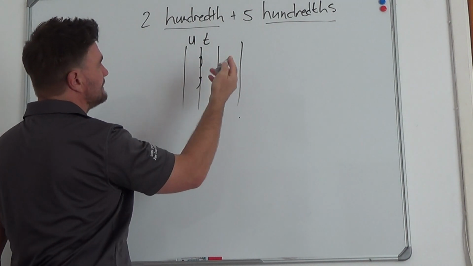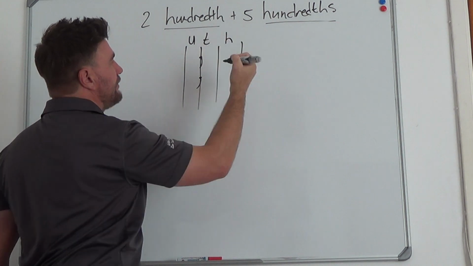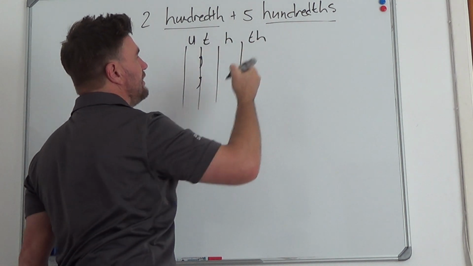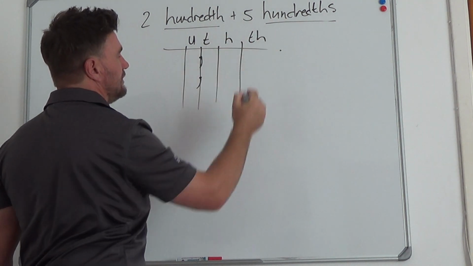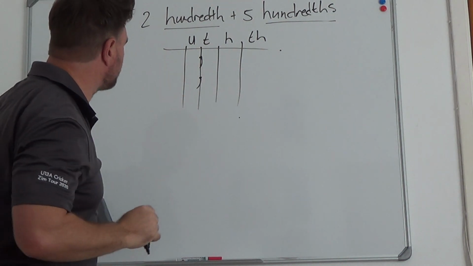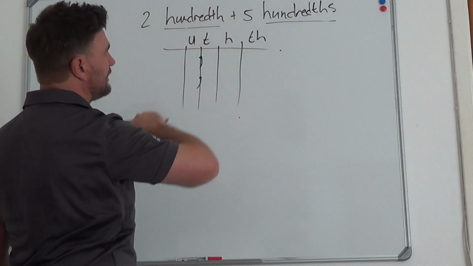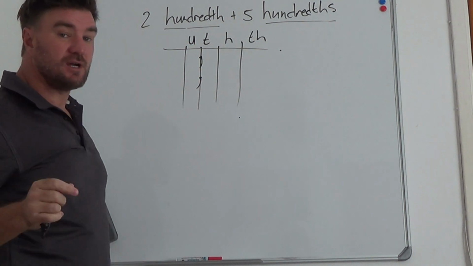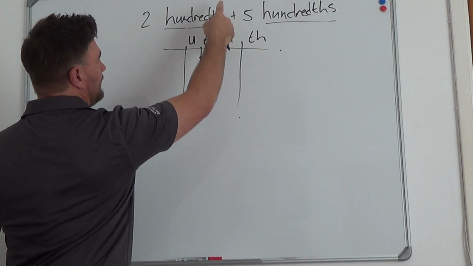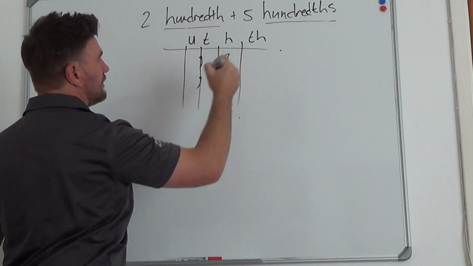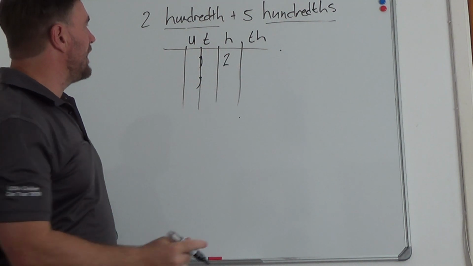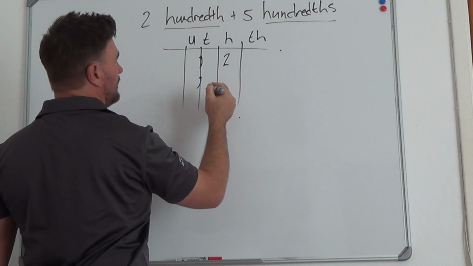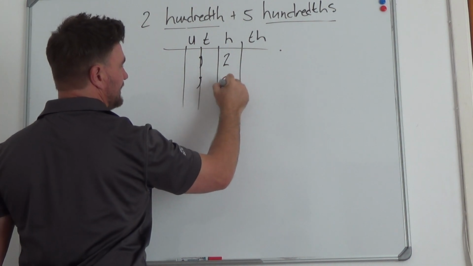So the first column is the tenths, the next one is the hundredths, and then we go on to the thousandths. Let's look at these numbers that I've given as an example now. 2 hundredths will go in the hundredths column, and then I'm adding 5 hundredths, as my example says.